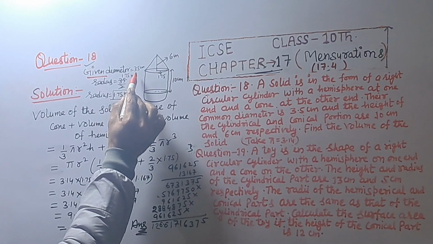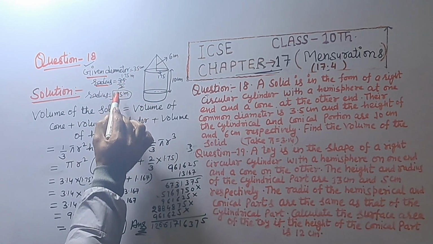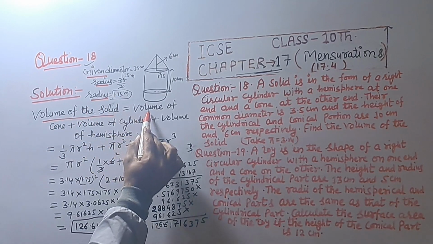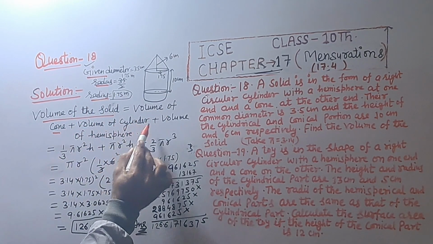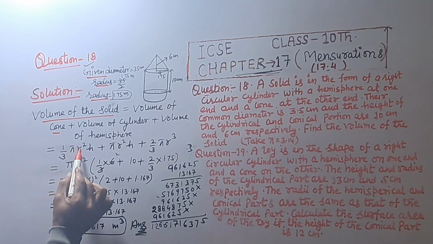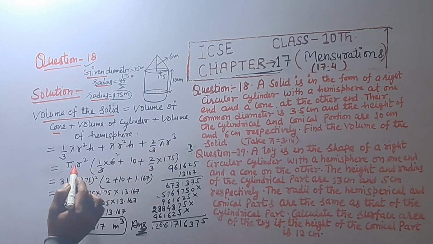Given diameter is 3.5 centimeter and its radius is half of diameter, that is 1.75. Volume of solid is equal to volume of cone plus volume of cylinder plus volume of hemisphere: 1 upon 3 pi r square h plus pi r square h plus 2 upon 3 pi r cube.